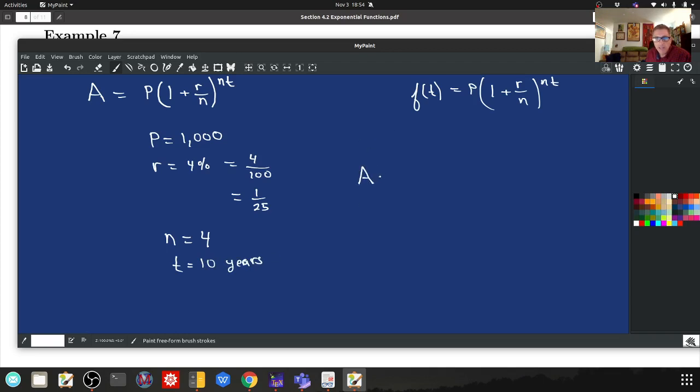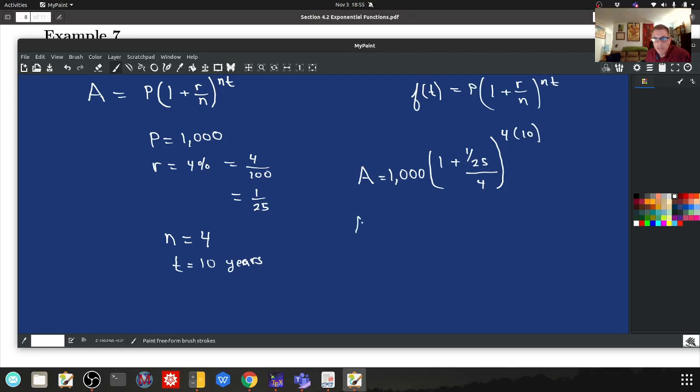So let's find it. A is equal to 1,000 times 1 plus my rate, which is 1 divided by 25, over my value of n, which is 4, raised to n times t, which is 4 times 10.